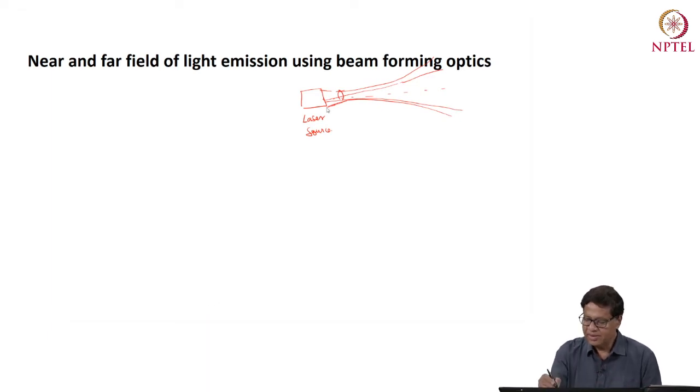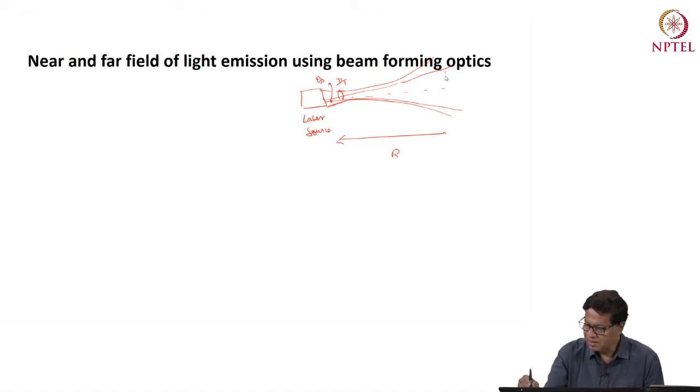So let us define different angles here. This is, for example, your theta s, this small angle, the divergence. Let us call it theta s. And the transmit aperture is, let us call it dt. And similarly, you have the receive aperture at distance r. So this is a range, for example.